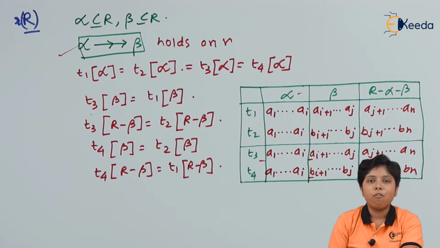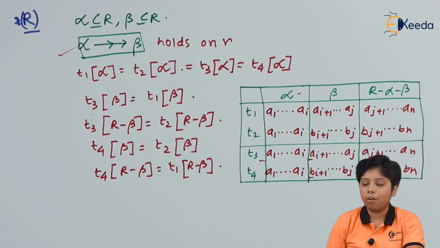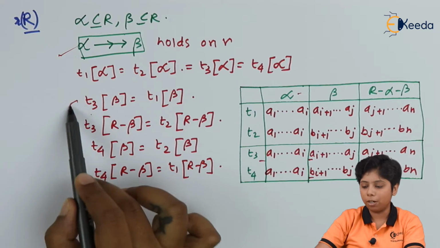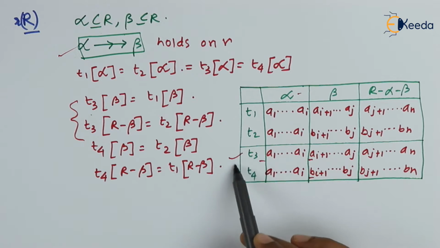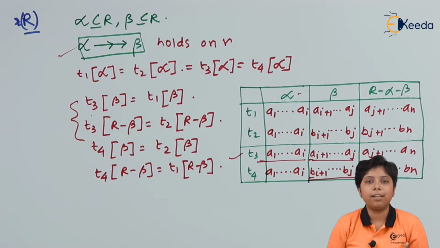So in this way, we can express the multivalued dependency using this tabular form. Now when we are saying this, that means we are actually matching t3 with different values with t4. Now let us see an example of how to define this one.